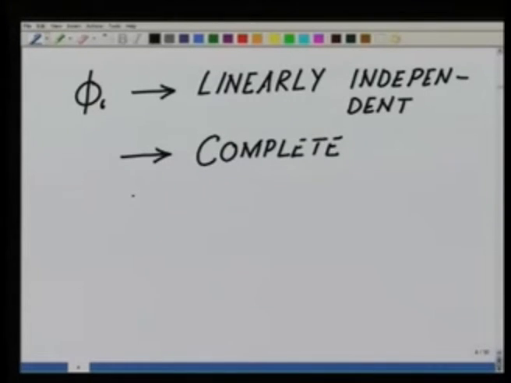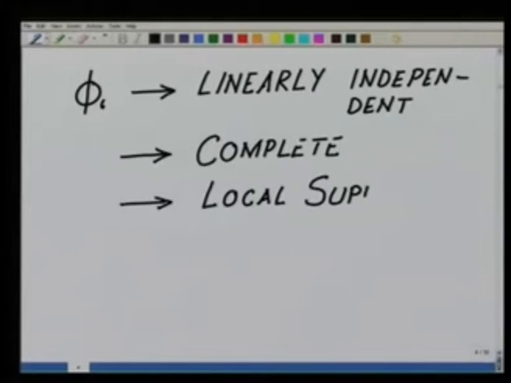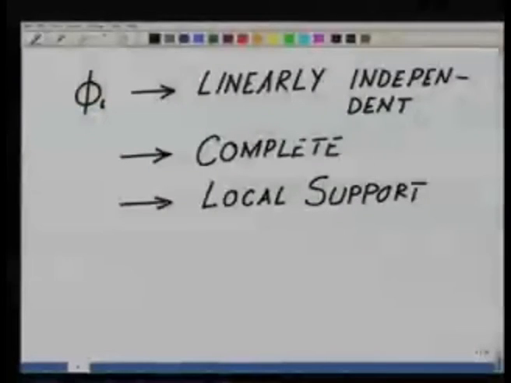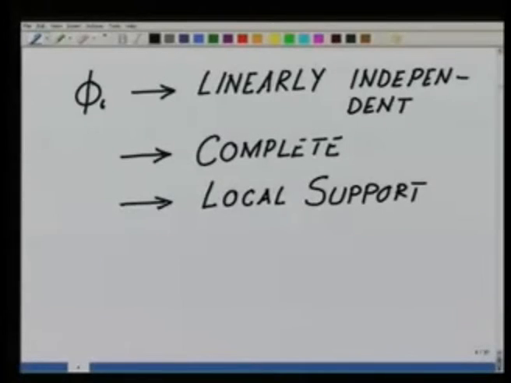And third thing that we have done by construction is they should have a local support. That is, they are only defined in one or two elements, and in the rest of the elements they are 0. So by construction we see that this property is satisfied. Linear independence we don't know yet. So let us first make these functions in such a way that they are quadratic, linearly independent and complete.